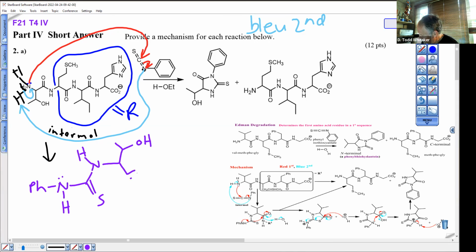Comes to a carbonyl, goes to NH, and R is blue. Yeah, this came from the reagent. This came from the nitrogen we just used up here. That's the group attached to the carbon adjacent. There's the carbonyl attached, NH to the R.